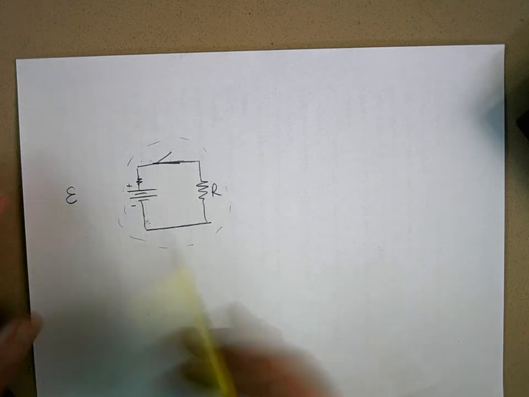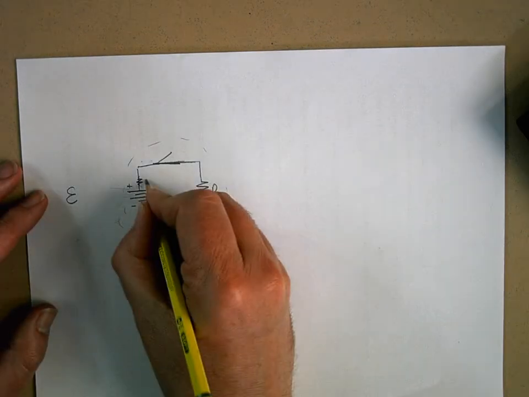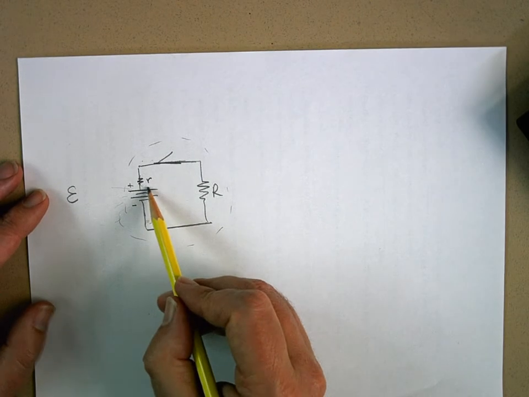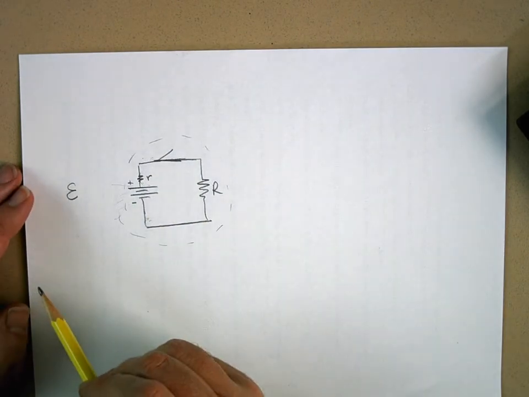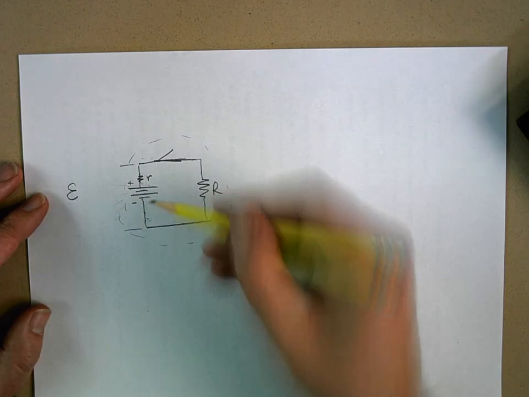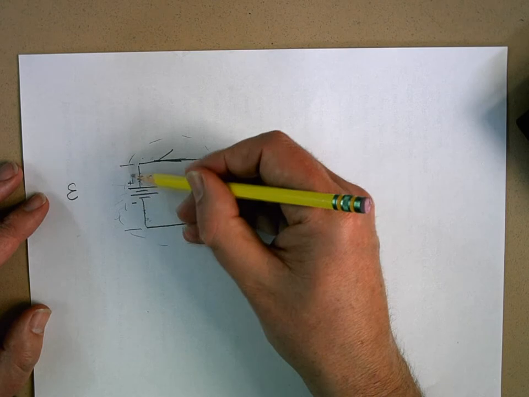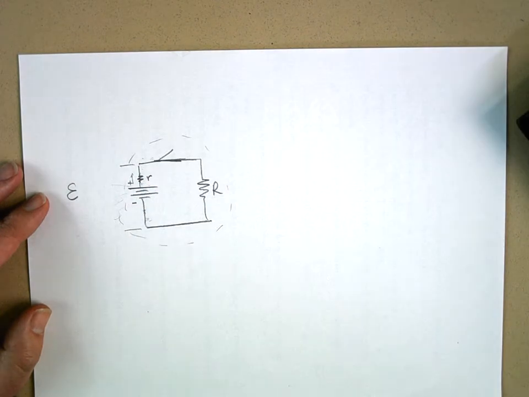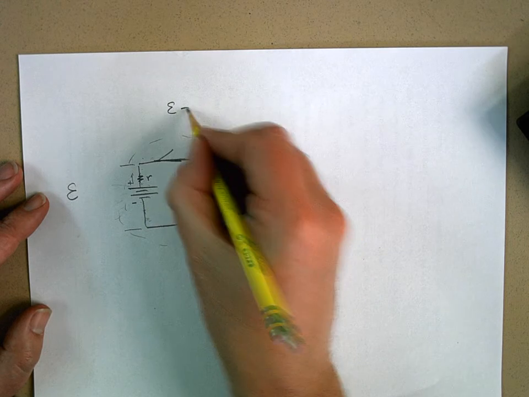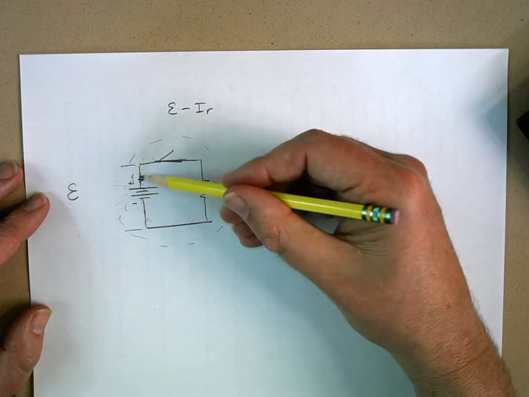But all batteries give off a little bit of heat, and we call the internal resistance little r. That's the variable we use for the internal resistance. And so now, notice I've got a little voltage drop. I've got a voltage gain due to the EMF of the battery, but if the current is flowing this way, I have a little voltage drop. The EMF of the battery minus Ir, that's the voltage drop due to the internal resistance.